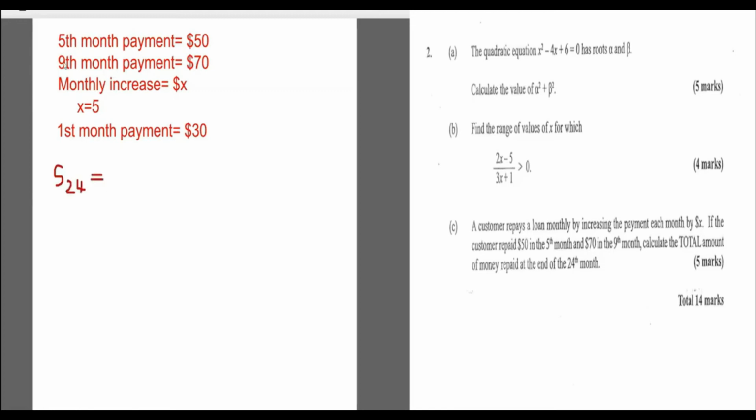Let's write down the formula for Sn, because it's a sequence. Sn is equal to n over 2 times 2a plus n minus 1 times d.